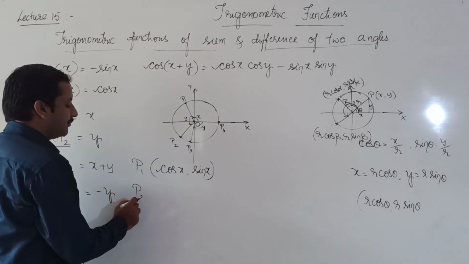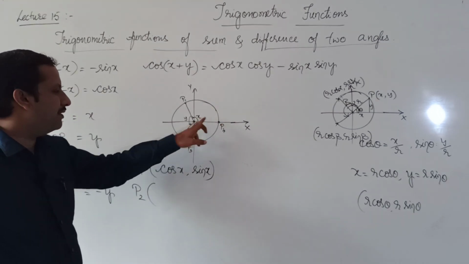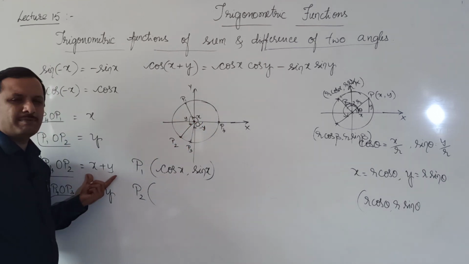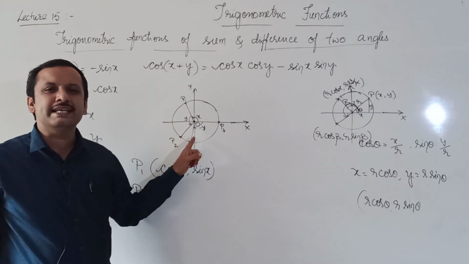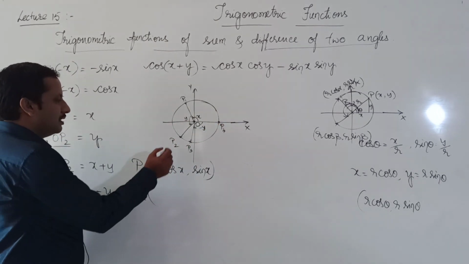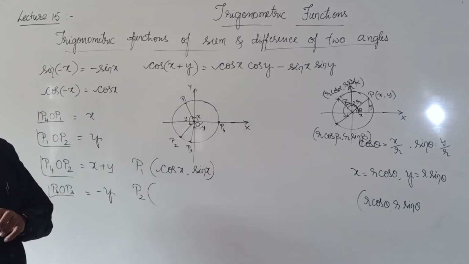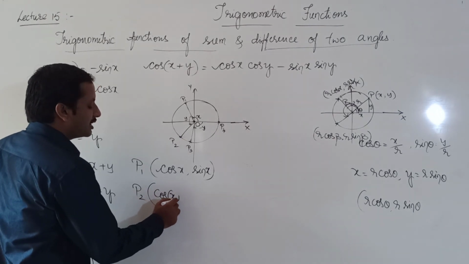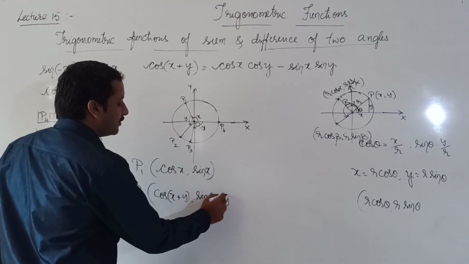Then P2. Look at P2. The total angle P4OP2 is equal to x plus y. The angle made by this line with the positive x axis is x plus y. So the coordinates of this point is r cos x plus y comma r sin x plus y. R is 1, so it will be cos of x plus y comma sin of x plus y.